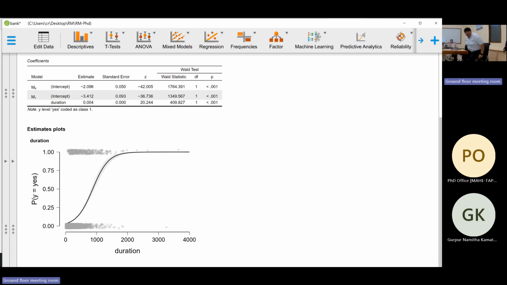See, if you look at this duration 100, till it's like this.